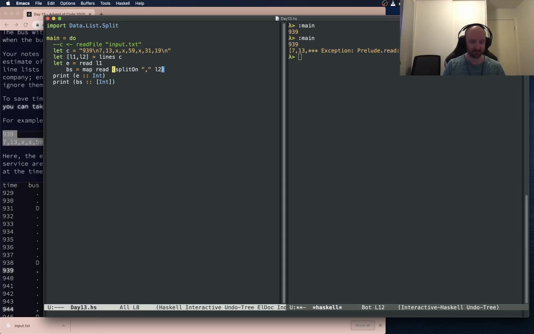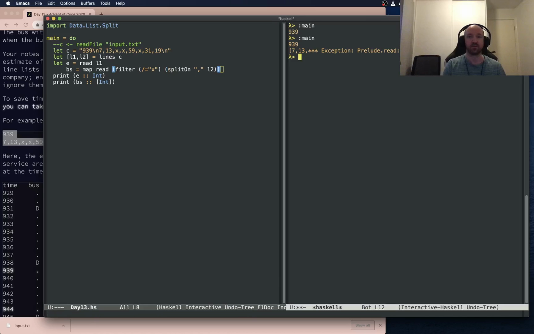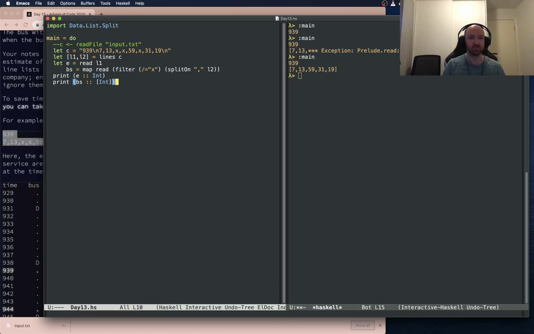Oh, of course, we need to ditch the X's. Not equal to X. Okay, so now we've got our earliest departure time and our potential buses. I'm pretty sure we just need to find the bus that has the smallest remainder when we divide by that.